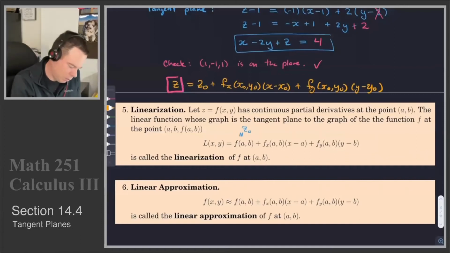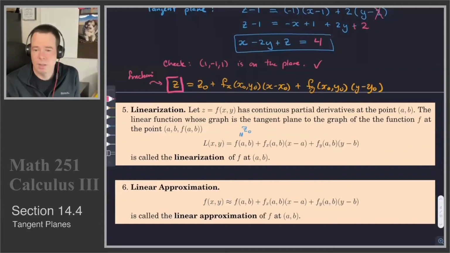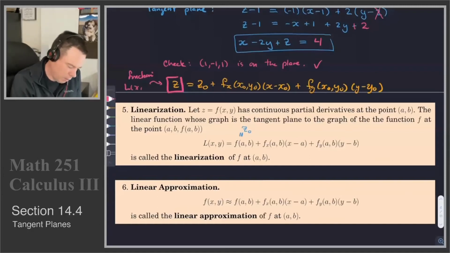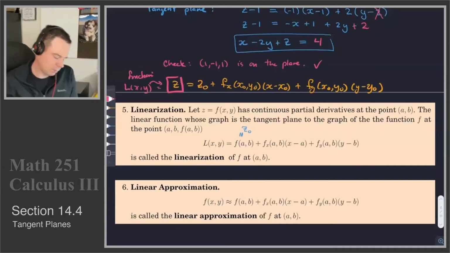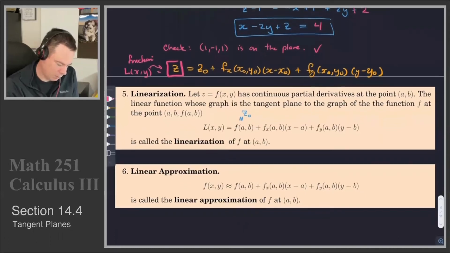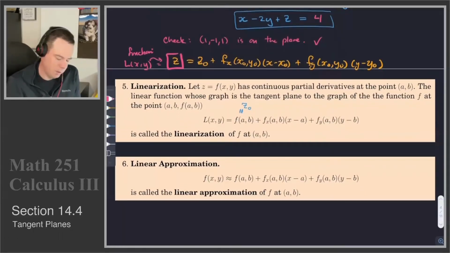And now that's a function. This function gives us the z value on the tangent plane, given any x and y value that you're interested in. That's what we're going to call L of x, y. It's a function of x, y. So all we did was push the z naught to the other side and make a function out of it. This linear function is essentially the function that defines the plane.